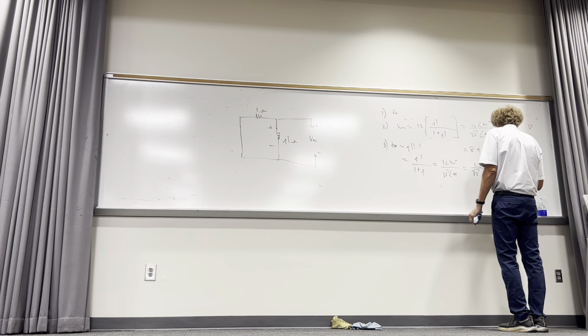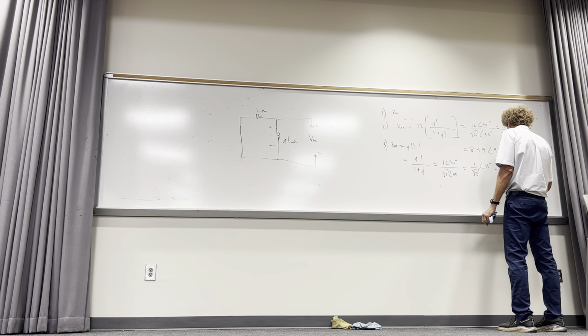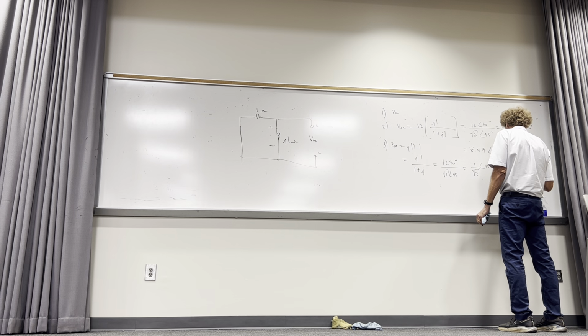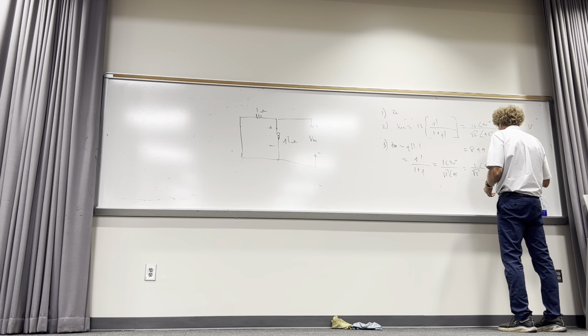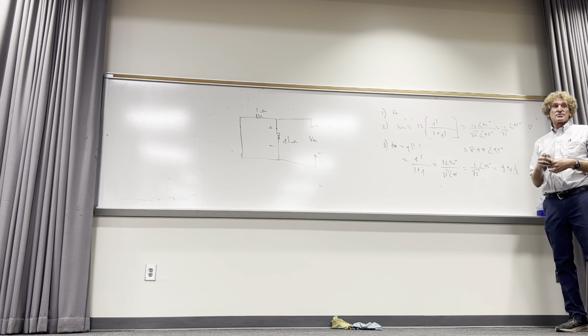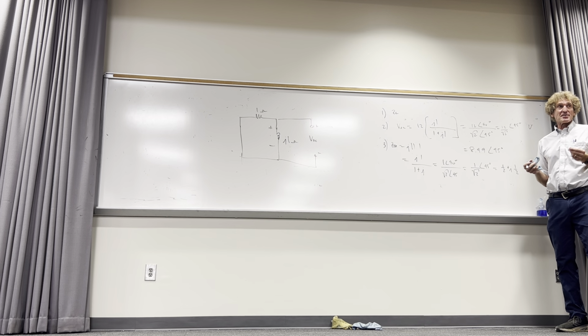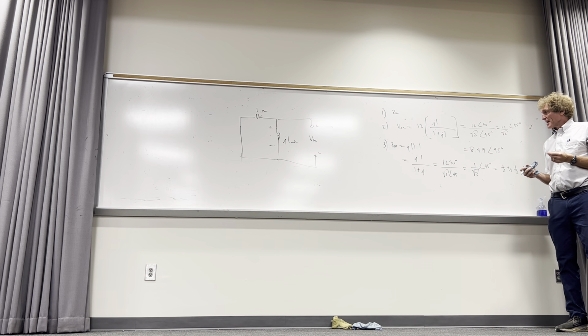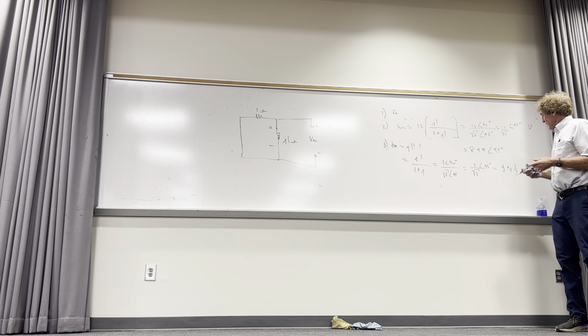So it's really going to be 1/2 plus J1/2, isn't it, class? Isn't that right? Anybody want to confirm that or deny that? I think that's right. And that would be ohms.